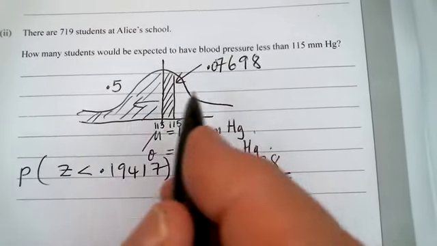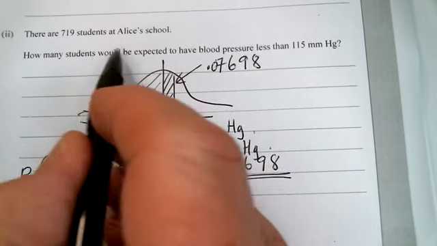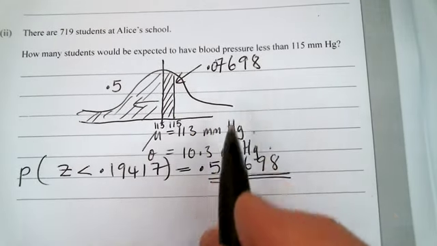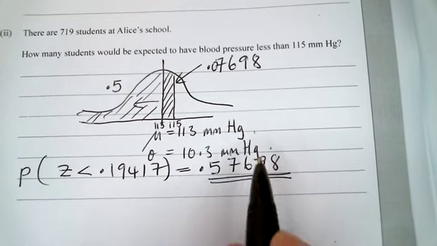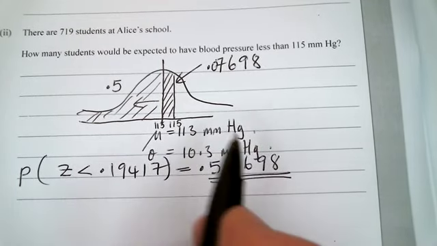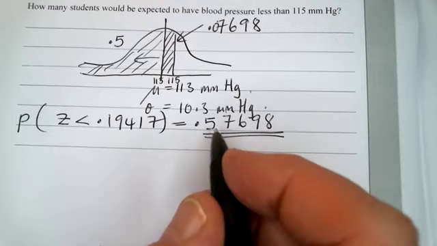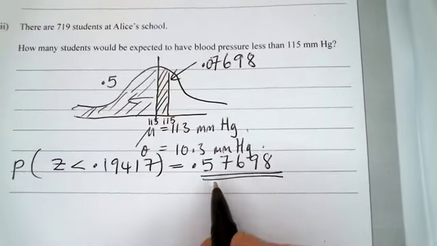But we're told there are 719 students. So how many would have that? Well, obviously 0.57698 of that, so 57% of those students would have that. So I'm just going to multiply 719 by that number there.